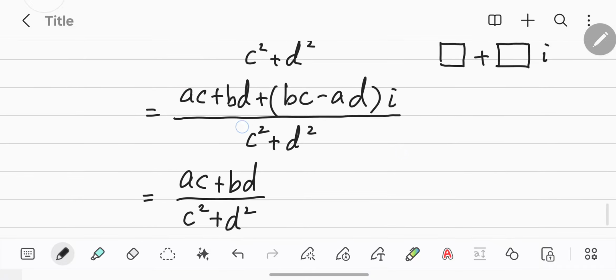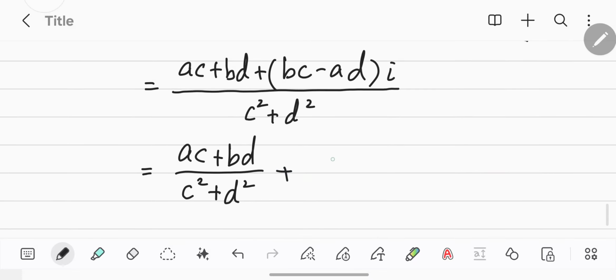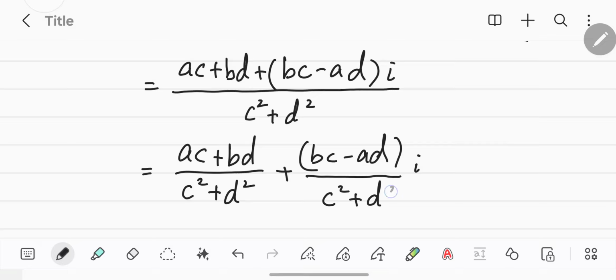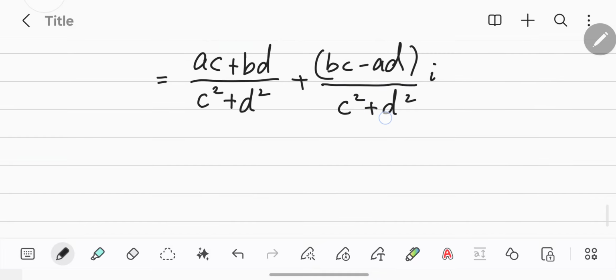Okay, now I will distribute this over the imaginary part also. So the imaginary part is (BC minus AD) times iota over this denominator, C square plus D square. So this is the way how we can calculate the quotient of two complex numbers.